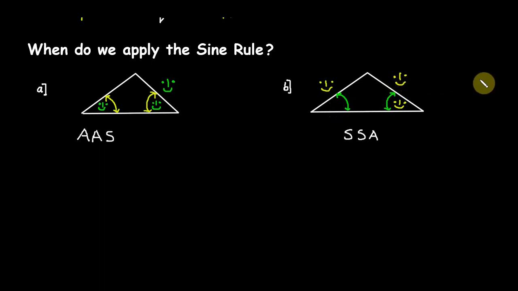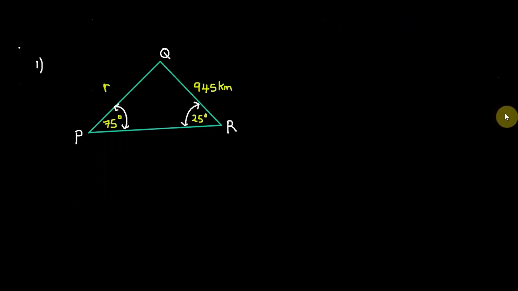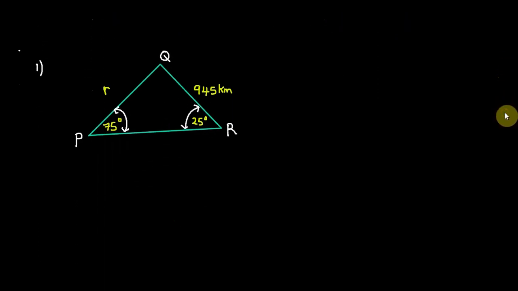Now, let us explore some examples. The first example, we're asked to find the side R, but we have to do an inspection. Okay, so let me do some inspection. We would like to find out if we can use the sine rule.